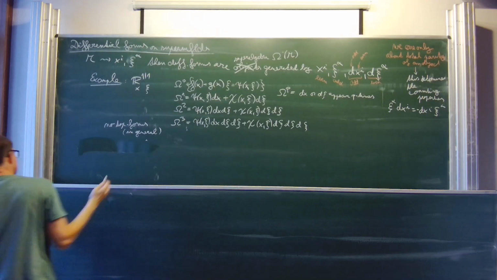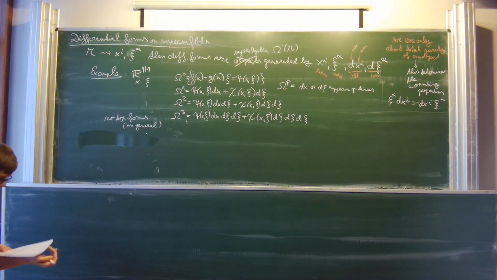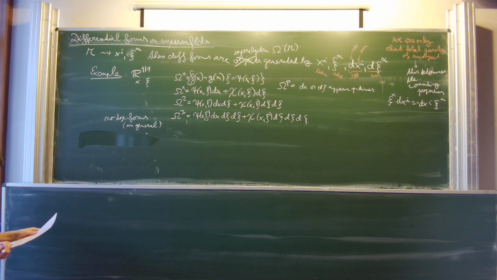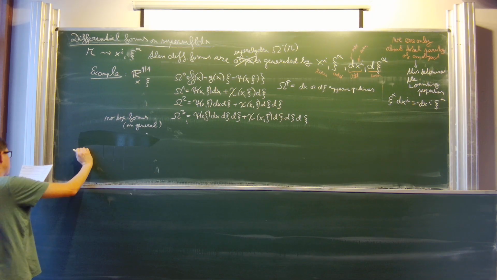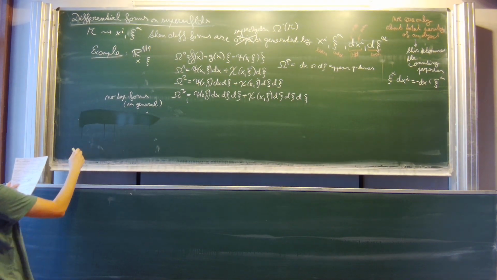Now you can imagine that we can similarly define the objects as we had before, like Lie derivatives, differentials, insertions, and you can again define them geometrically, just as you do in ordinary geometry. But since I haven't defined these things geometrically, let me just continue in here and tell you what the definitions of those things are.